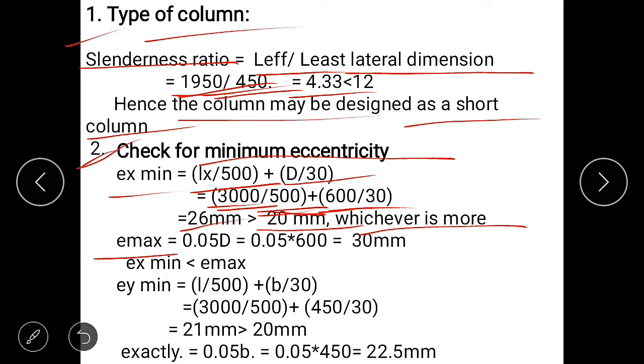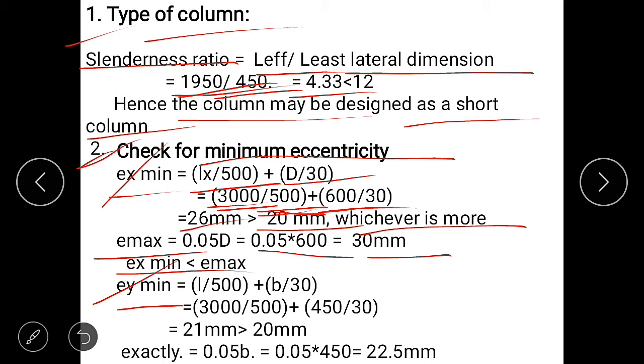So E maximum is 0.05 D. D is 600, so 0.05 into 600 is 30 mm. Okay, so Ex minimum is smaller than E maximum. Now we have to calculate Ey minimum. Ex means we found the eccentricity in the x direction, now we have to calculate the eccentricity in the y direction.